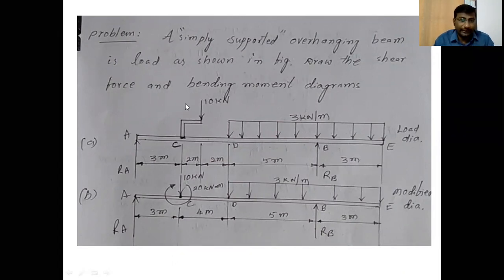One is the direct load due to 10 kilonewtons at point C, so I am locating the 10 kilonewton point load at point C, and also the couple developing at point C due to this load. That is 10 kilonewtons into 2 meters, so a 20 kilonewton-meter couple is located there. This is the modified diagram. After modifying the diagram, we can draw the shear force and bending moment diagrams for the given beam.